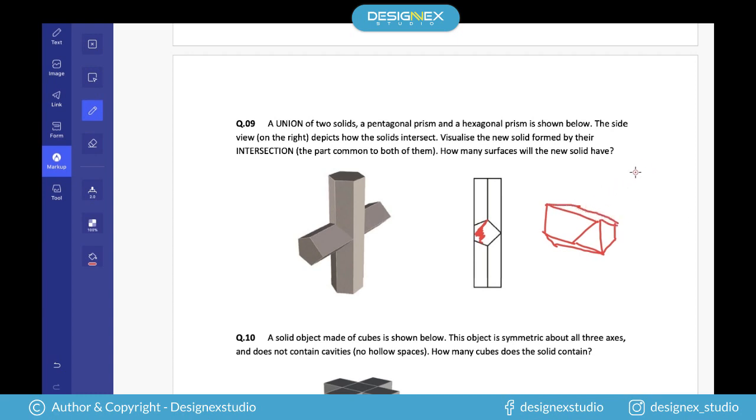So this front is this, and at the back is this triangle, this trapezium, and then the back rectangle. So here I have 1 2 3 4 5, 5 plus 4, the side one 1 2 3 4 5 plus 4, that is 9 faces I get.